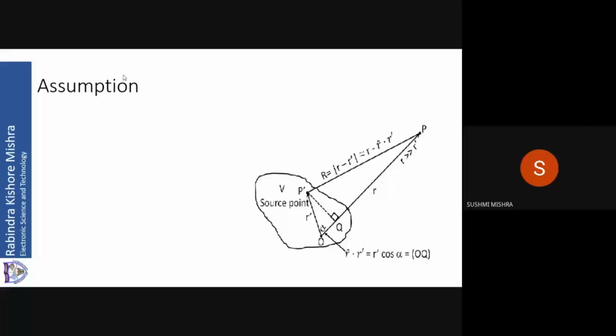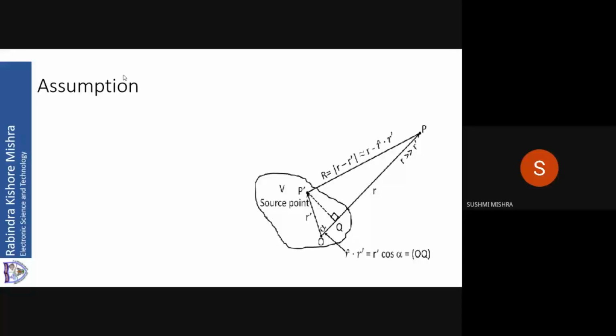We are at the origin. So from the origin, the position vector for P dash is r dash. Position vector for P is r, little r. Little r dash and little r represent the position vectors for the source point and the observation point.